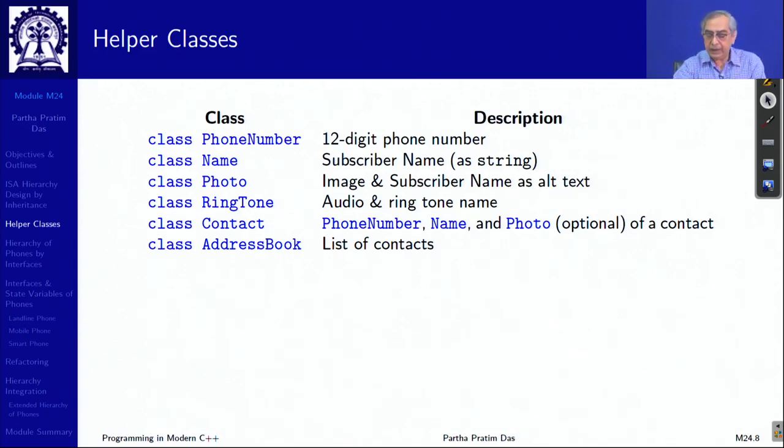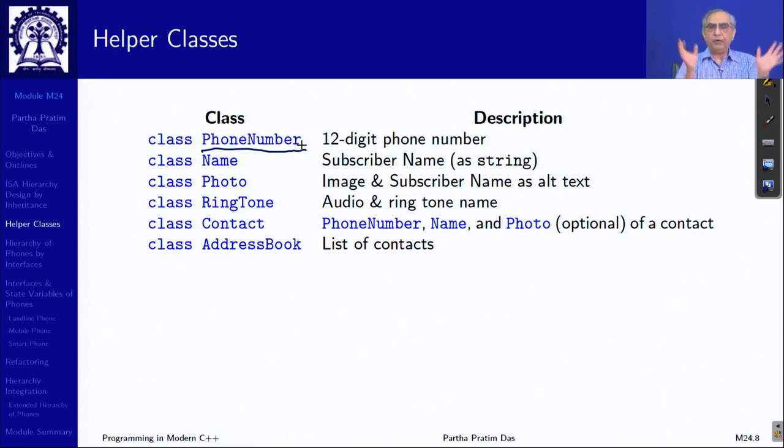So, for example, since we are dealing with phones, naturally, irrespective of where I am in the hierarchy, what type of phone, you will need to deal with phone numbers. So, I want to define a class for phone number, which keeps a 12-digit phone number. There could be further details inside of this class, which say whether you have an international country code, whether you have an STD code as a part of it, or it is just a mobile number, whether you have any other kind of structuring information in the phone number and so on.